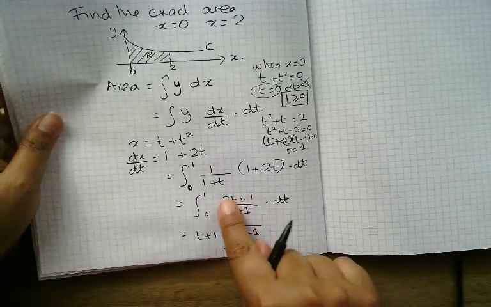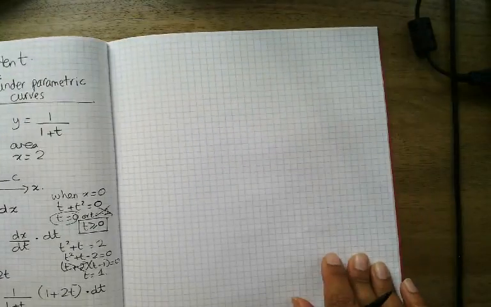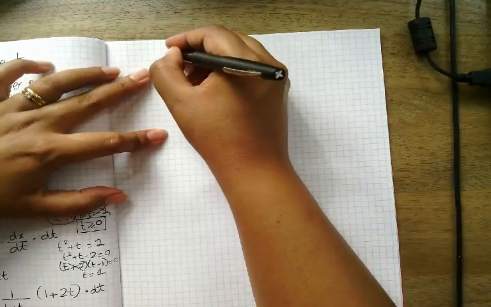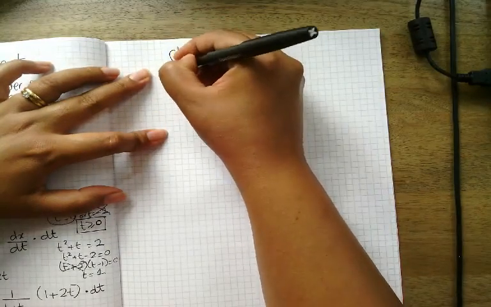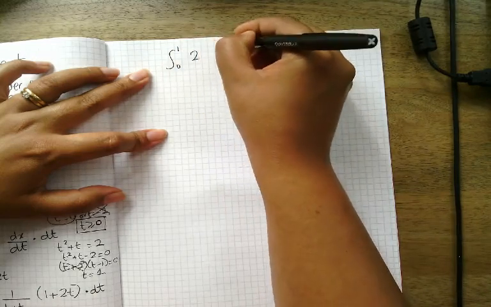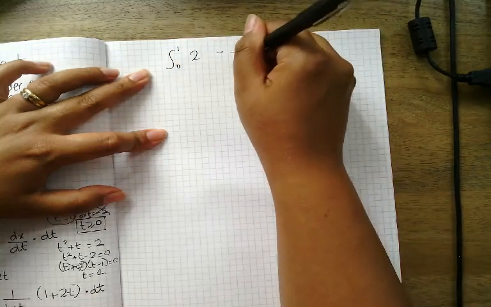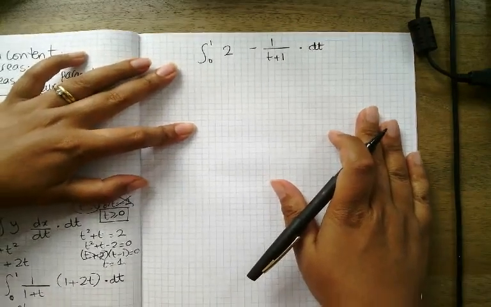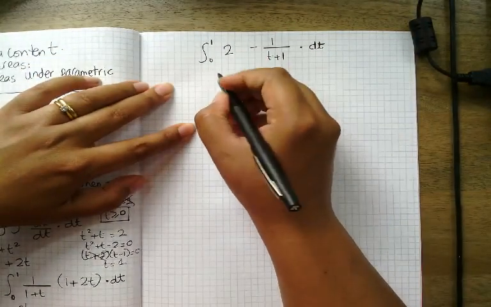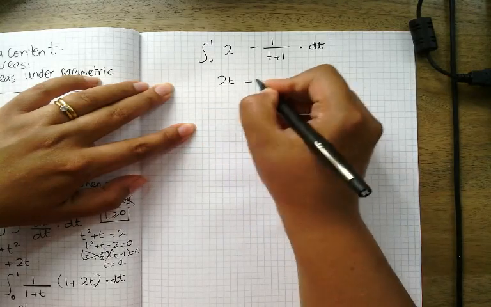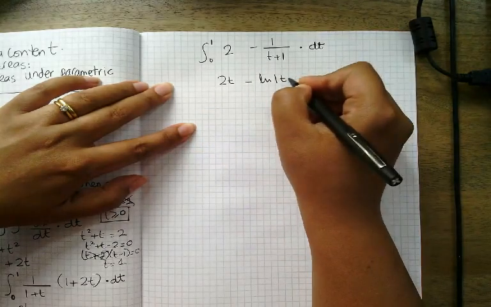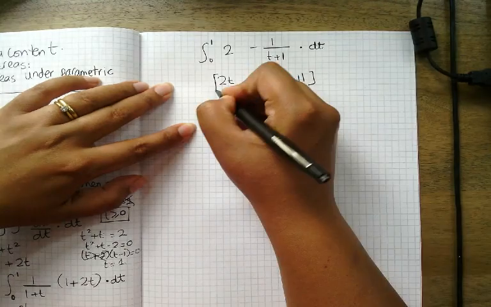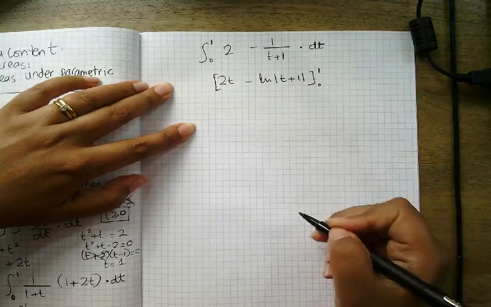So I can break this fraction down into something that looks like this. And I have to integrate this with respect to t. This is something that I can integrate really easily. So I'm going to get 2t minus ln t plus 1, and my limits are 1 and 0.